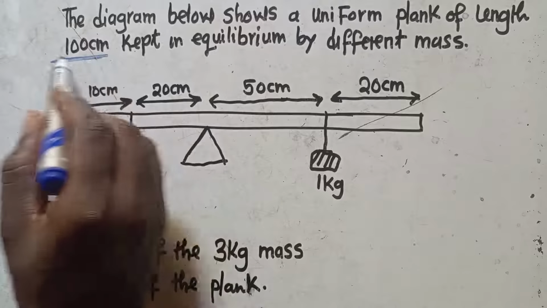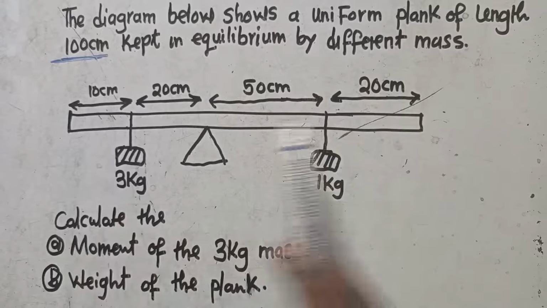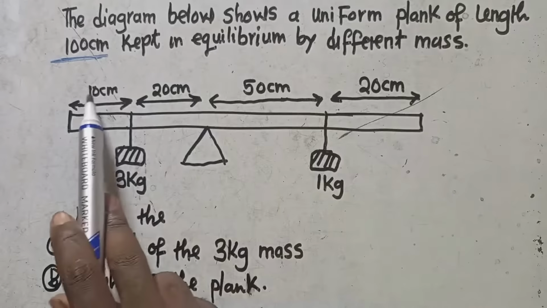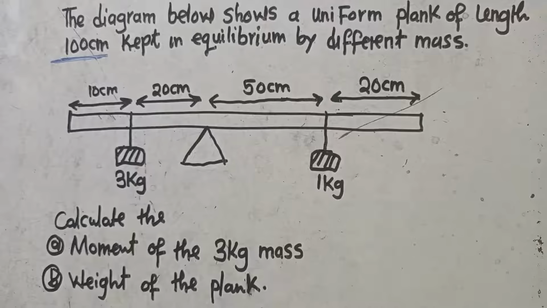So a meter is 100 what? Centimeters. So don't be confused. This is a plank of 100 centimeters. As you can see, if you add 10, 20, 50, 20, this is 100 centimeters, which is a meter rule. Then we've got these questions.